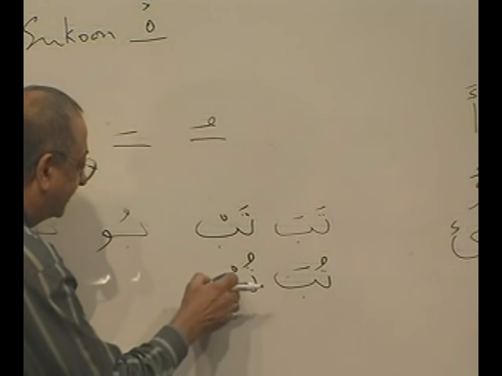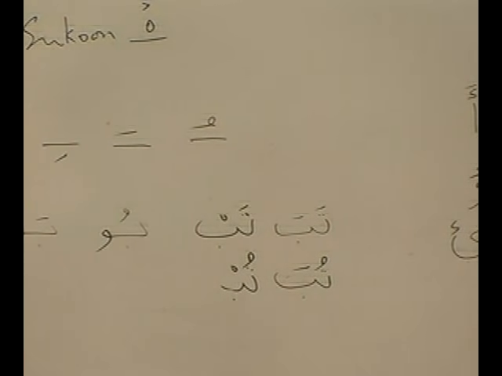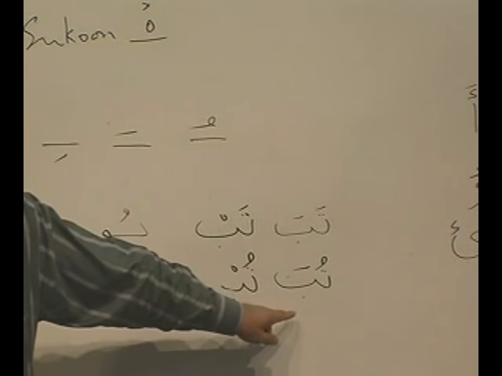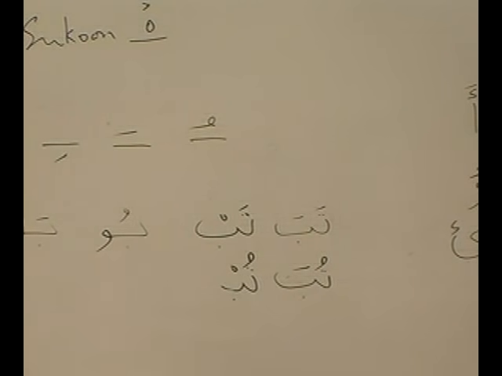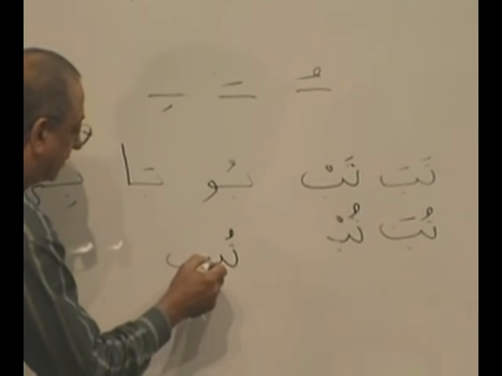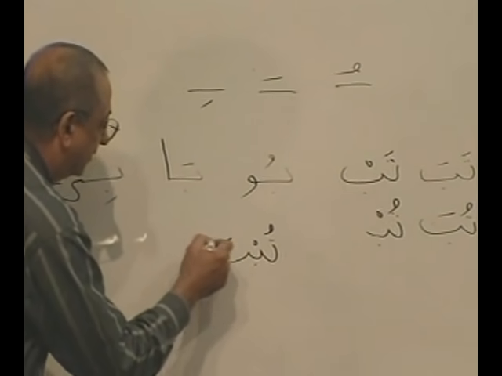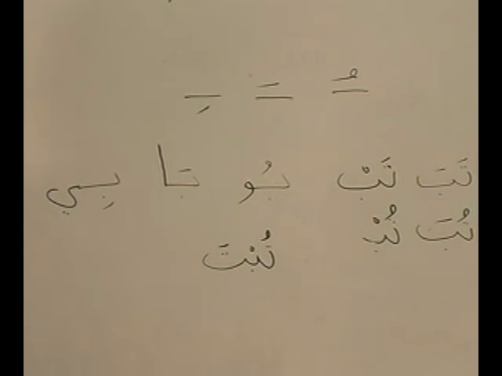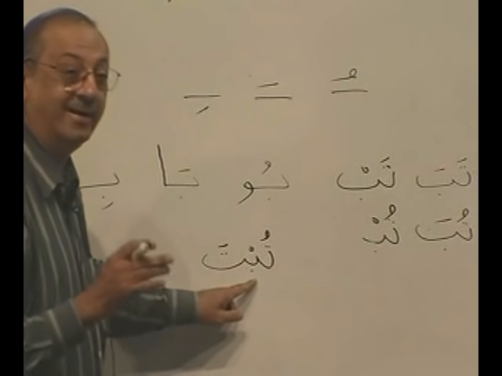Now if I say like this, what is it now, brothers and sisters? Tub. Here it was tuba, and here it is tub. So there is a sukun on ba. If I write like this, brother, tubta. So we did not pronounce ba in its normal way.